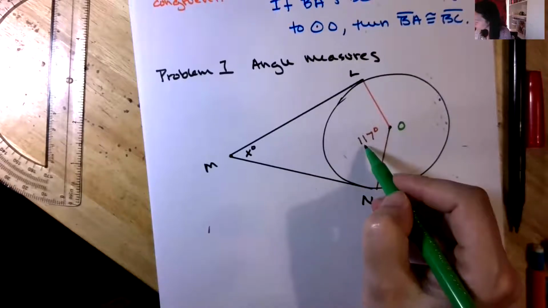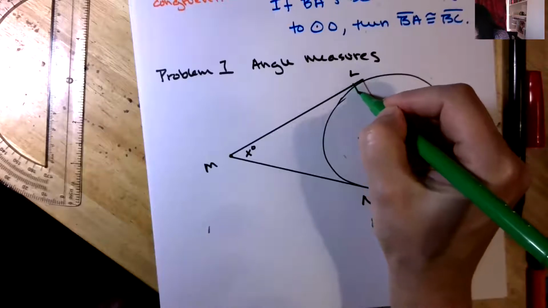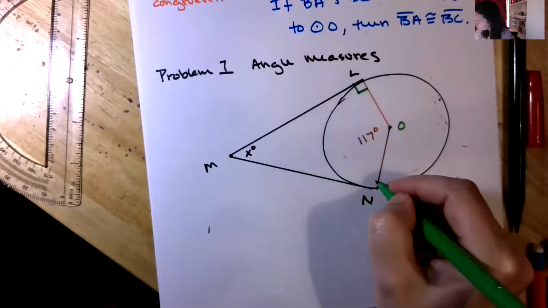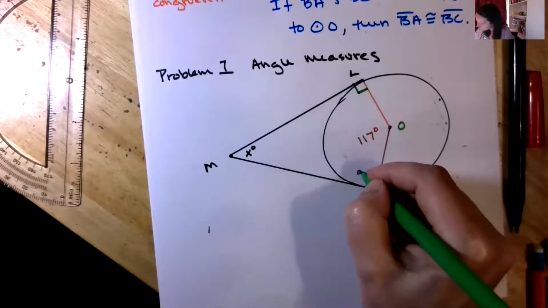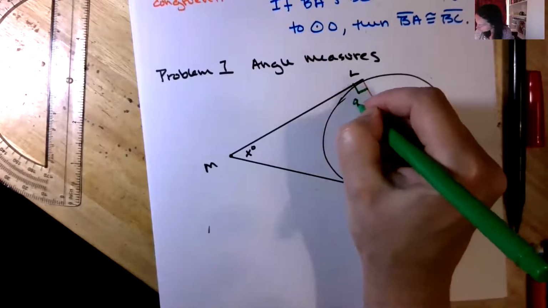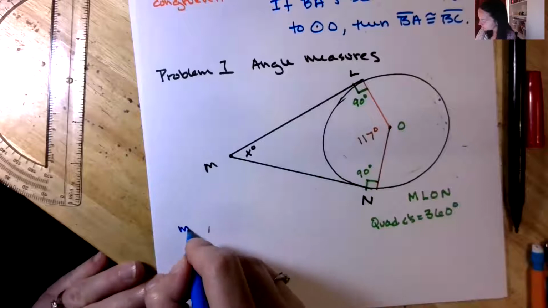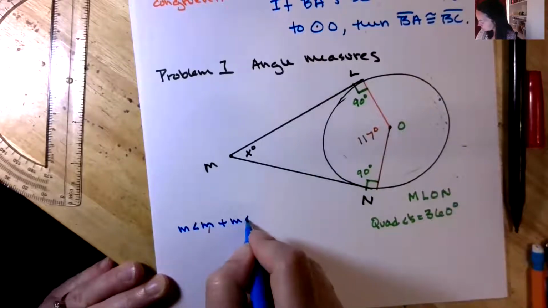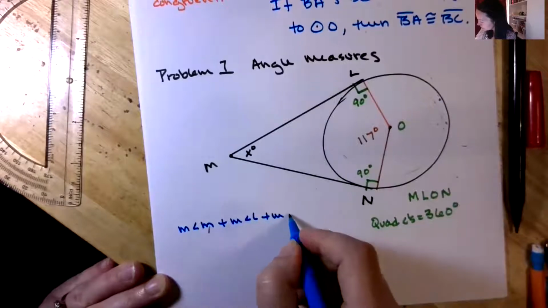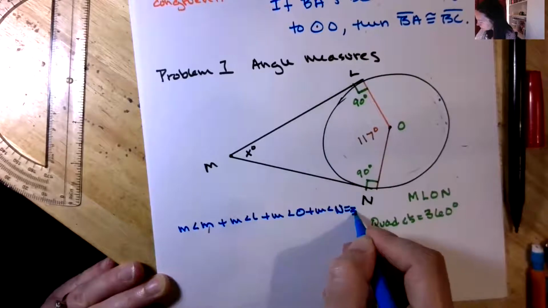So if this is 117 degrees, and what do we know about the radius and a tangent? Those make right angles. So we know that each of these is 90 degrees, right? Well, so we know that the measure of angle M plus the measure of angle L plus the measure of angle O plus the measure of angle N has to equal 360.